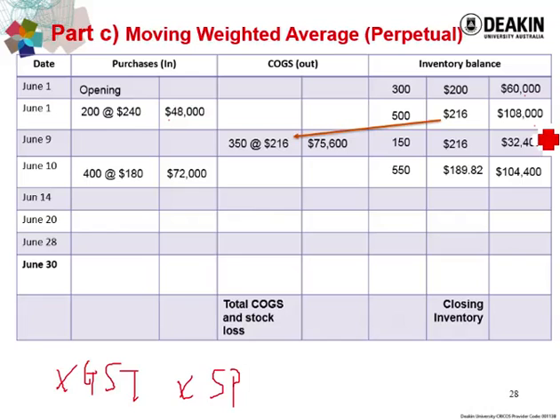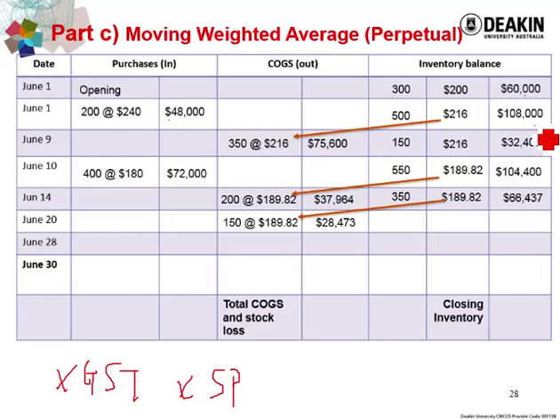On 14 June, we sell 200 units at the most recent unit cost 189.82, leaving 350 units which are also valued at 189.82. On 20th June, we sell another 150 units also at the most recent unit cost, so 189.82, leaving 200 units also valued at 189.82.